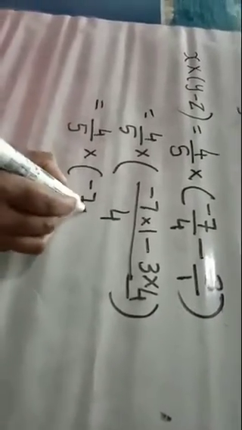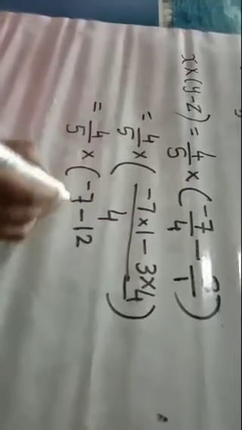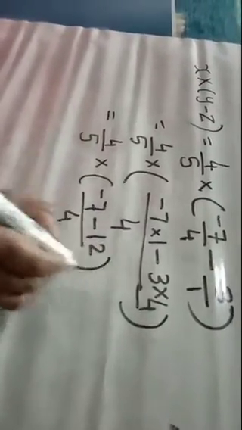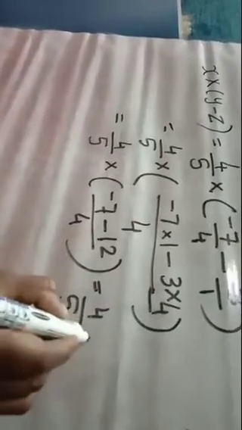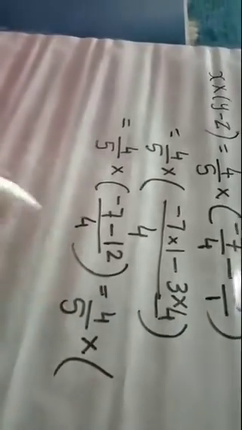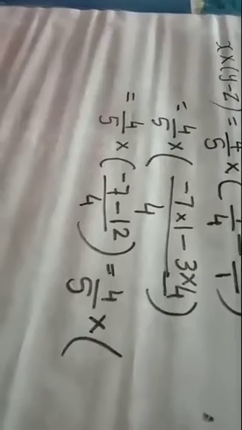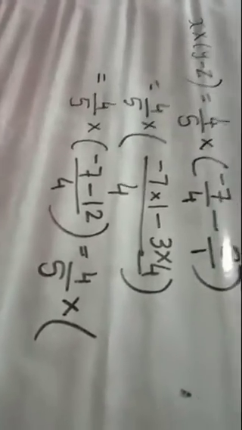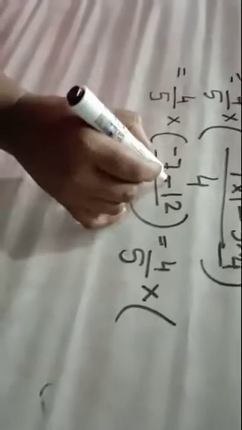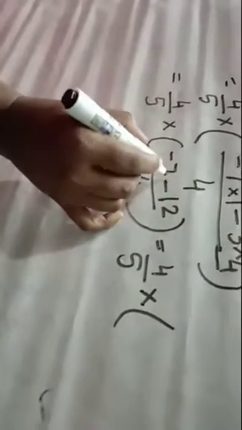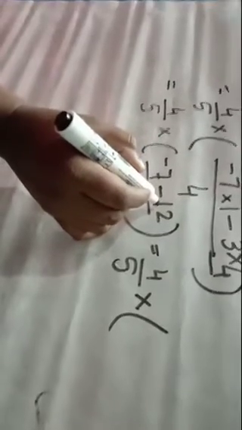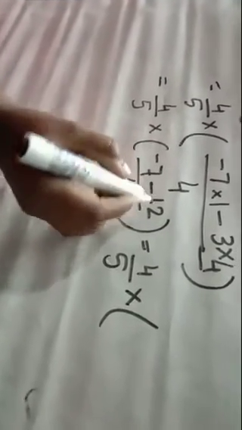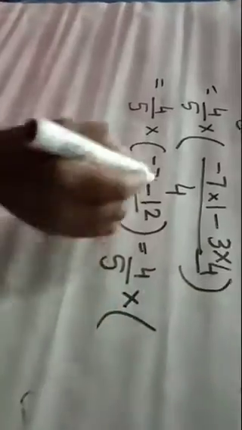Negative 7 minus 3 fours are 12, by 4, equal to 4 by 5 into, what is negative 7 minus 12? Both are the same sign, you know. Negative 7 plus negative 12. If we are taking subtraction, it means take the additive inverse, that is negative 7 plus the additive inverse of 12, which is minus 12.